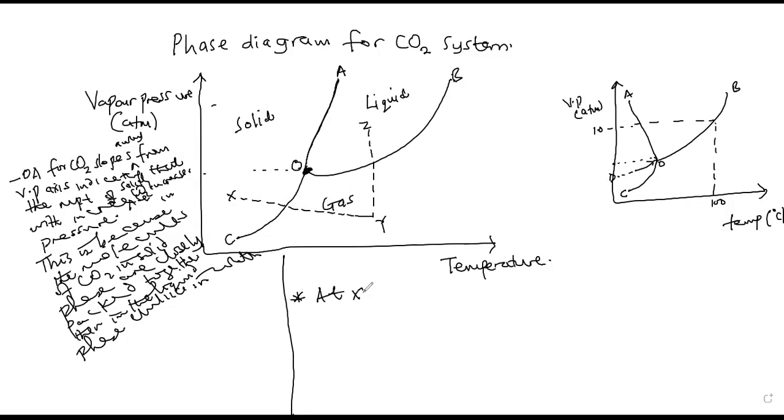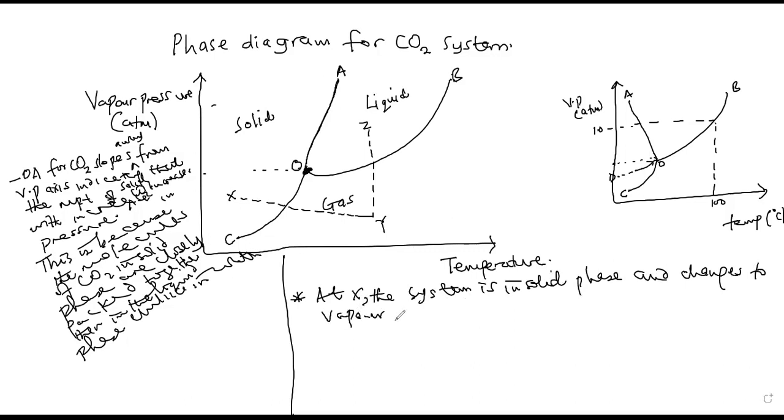At X, the system is in solid phase and changes to vapor phase along XY when heated at reduced pressure.